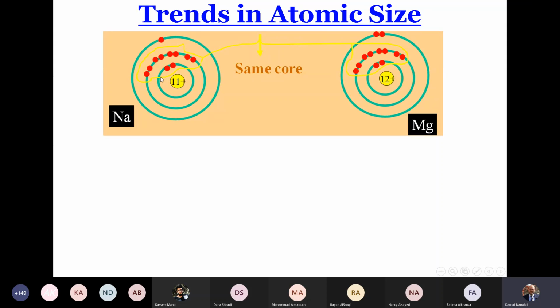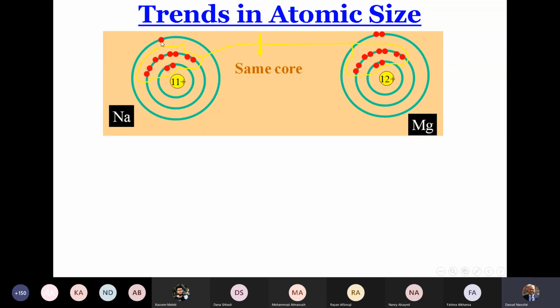In sodium, we have 3 shells, so the electron configuration ends at n equal 3. In magnesium, we also have 3 shells. At first view, if we look at sodium and magnesium, we can say that they have the same atomic size, since the number of shells is the same.